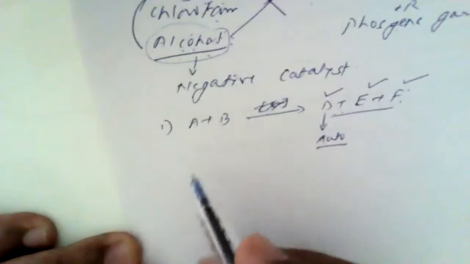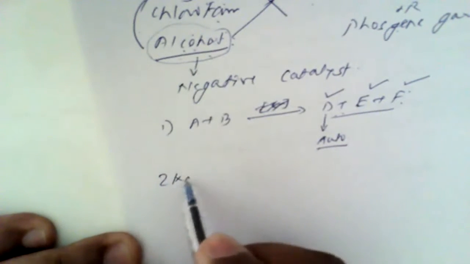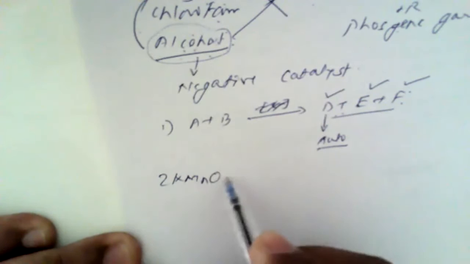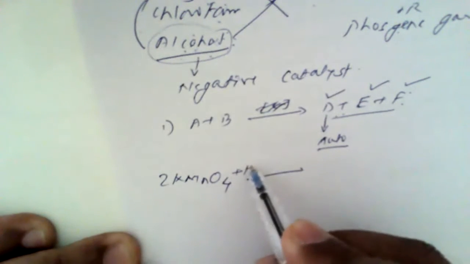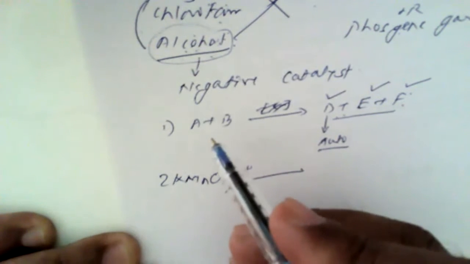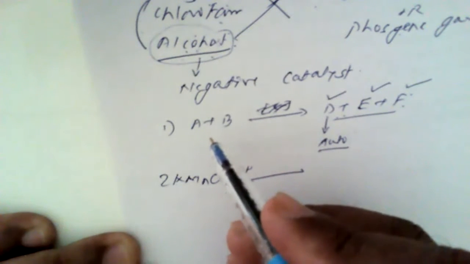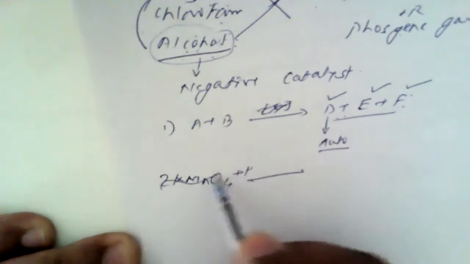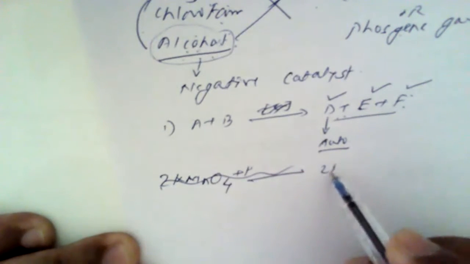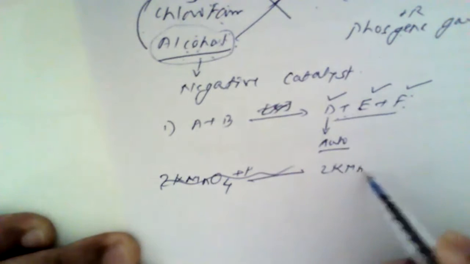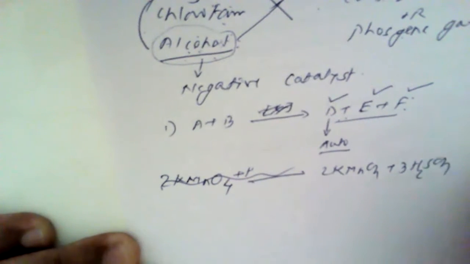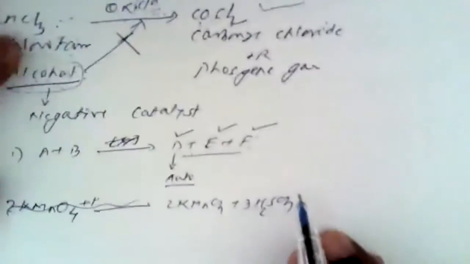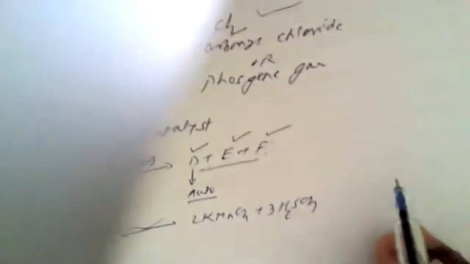So, what is the reaction? We have added from the burette potassium permanganate, which is intensely purple in color. In presence of sulfuric acid, this potassium permanganate, that is 2KMnO4 plus 3H2SO4, we have added around 1.5 test tubes of this sulfuric acid.